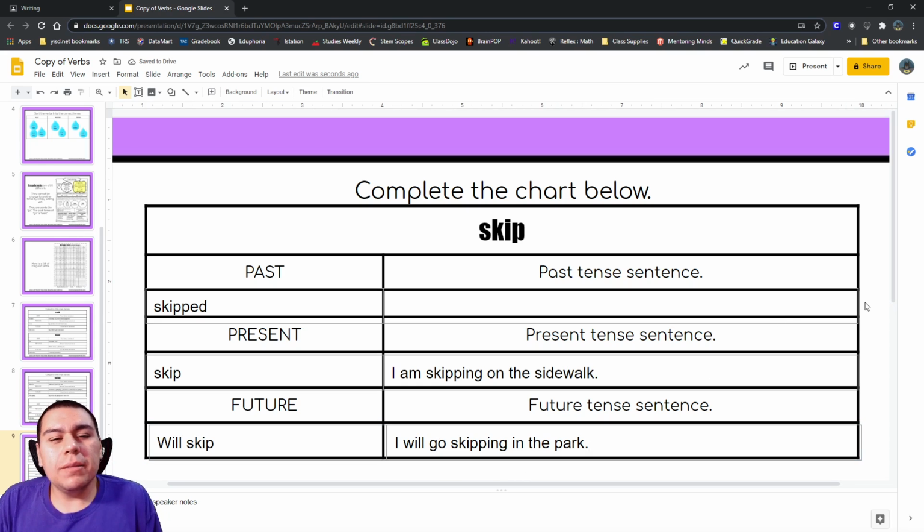All right, now I just need a past tense. Who can give me a past tense sentence using the verb skipped? Alexa, what's a sentence I could use that uses the past tense? Skipped.